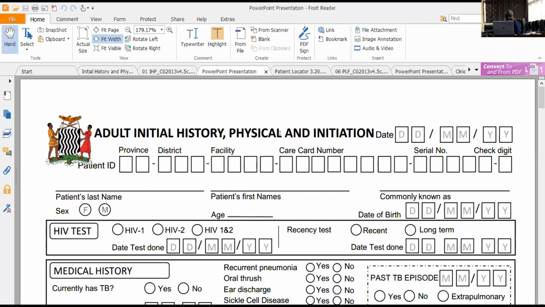I just wanted to make a comment. The upgrades that were done, I don't know if they are able to look at the button for drug. I think the spelling is written as drug. In our SMARTCARE, it's written as drug. So it would be good if they can look at it.